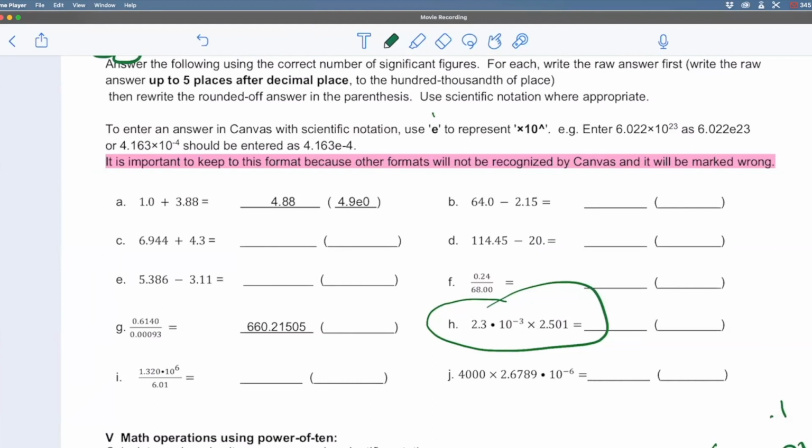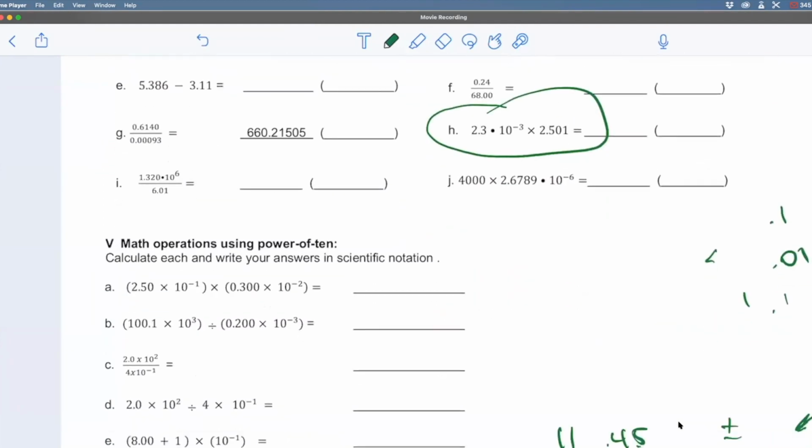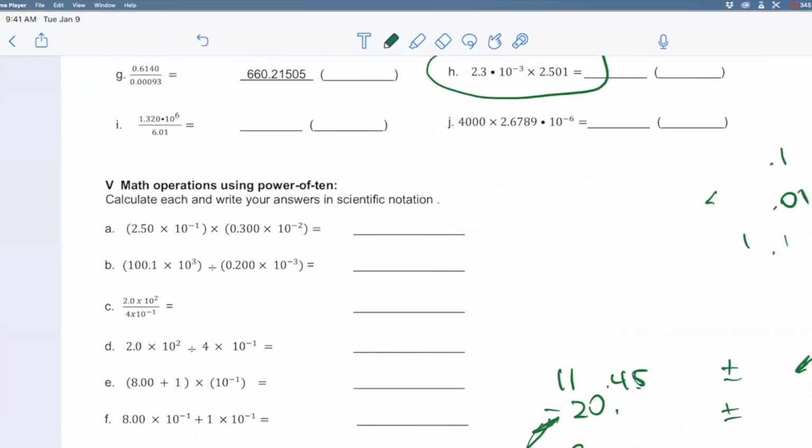And the same with the operation in number 5 here. For here, we've got 3 significant figures and we've got 3 significant figures, so your answer better be 3 significant figures. You're multiplying in all of this. This has 4 significant figures and this has 3 significant figures. Your answer better have 3 significant figures.